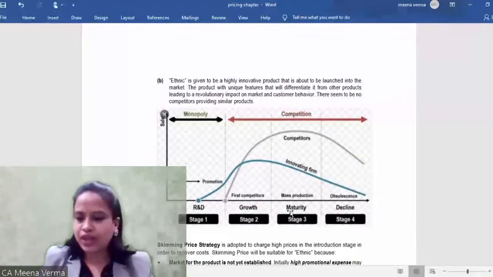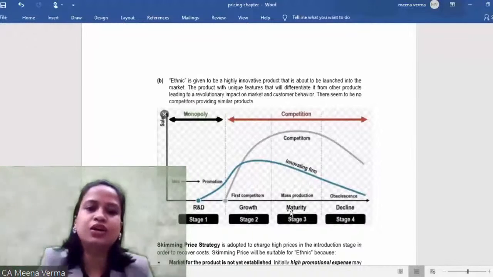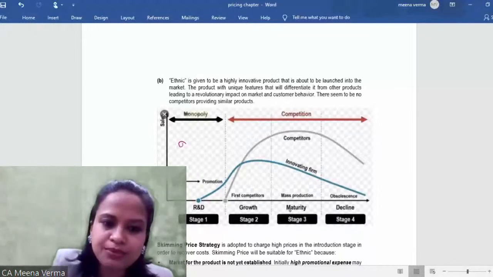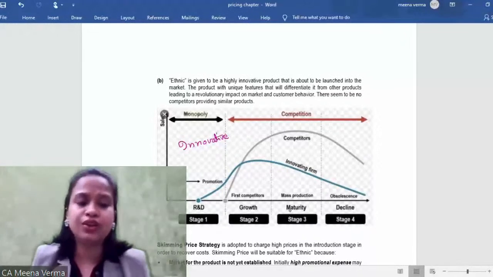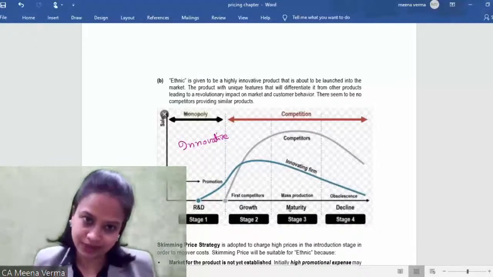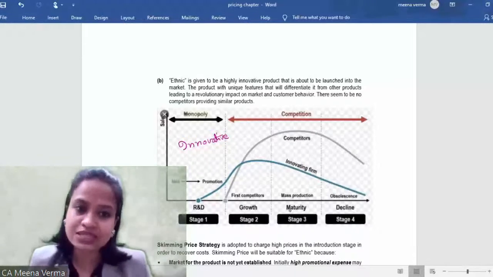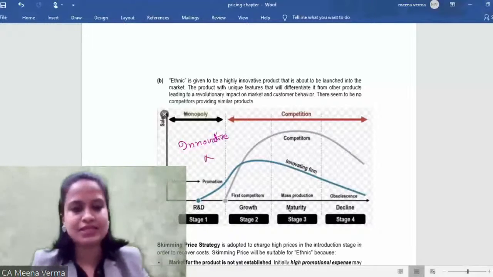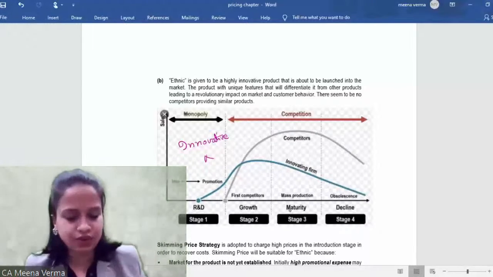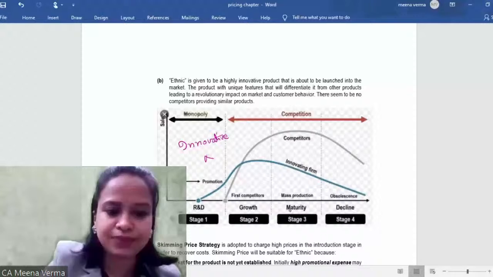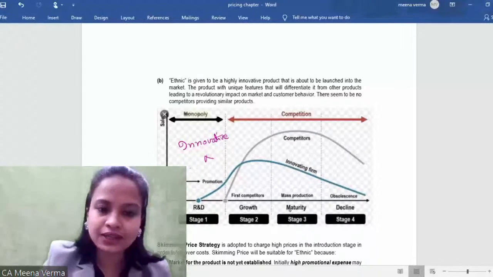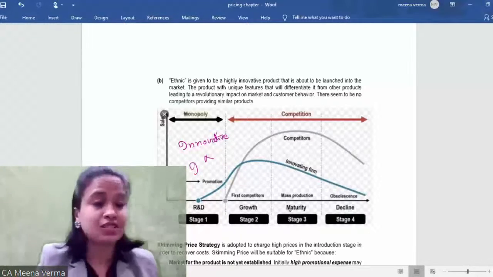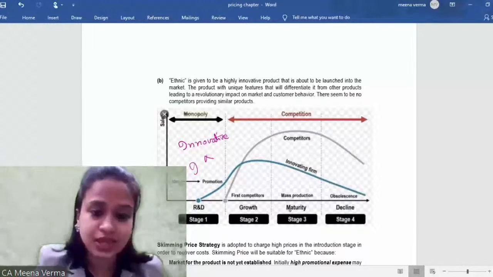See, whenever you introduce an innovative product in the market, obviously the competition is nil at this stage, है ना? For example, Apple company, when the iPhone was first introduced, there was no competitor in the market. They had a monopoly, and that is why they sold at a very high price.